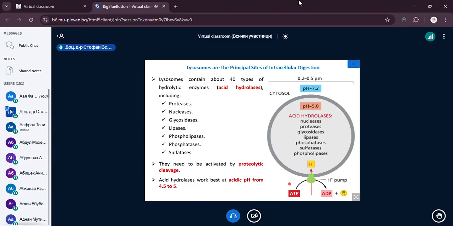But you might ask, when we have so many potent enzymes capable of degrading everything, how does this membrane resist these enzymes? The phospholipases, the lipases, the proteases, glycosidases, they could degrade the composition of the lysosomal membrane.